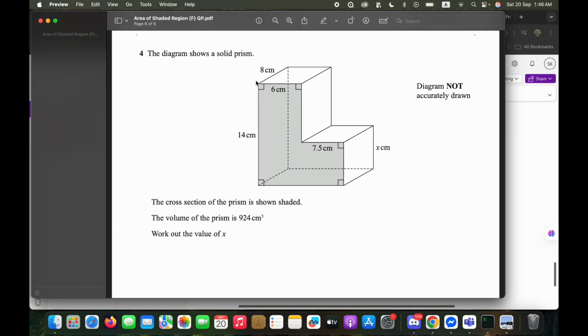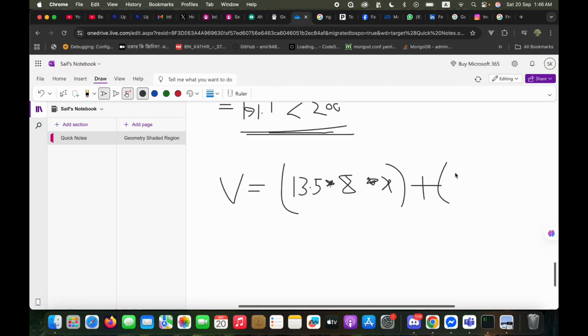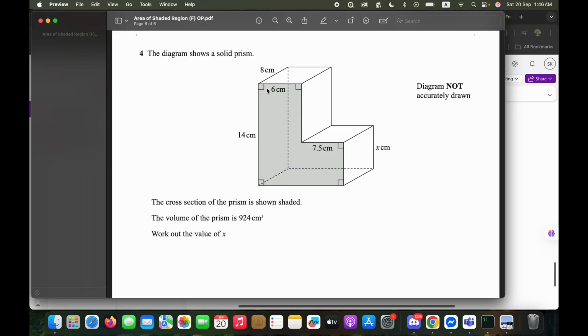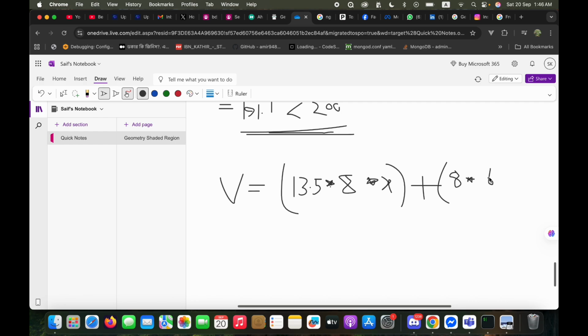Okay. So this is one part. Now I have to figure out the volume of the cuboid of this other portion. This portion has a length of 8, star, width of what? The width is given as 6, star, the height.